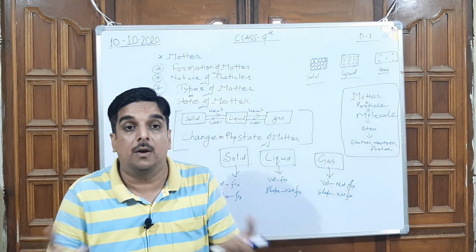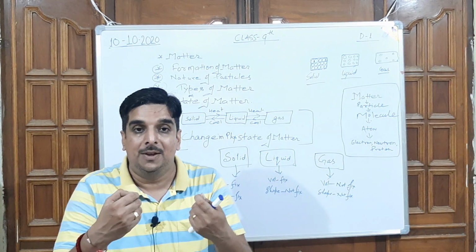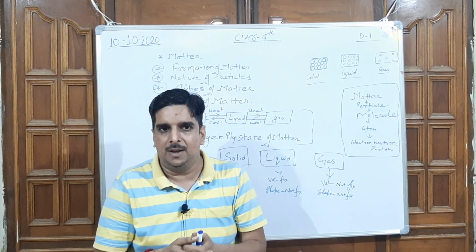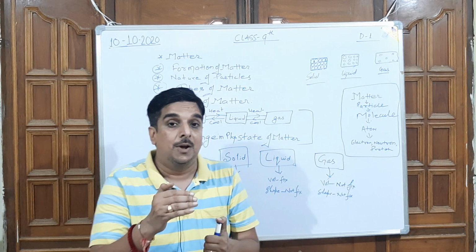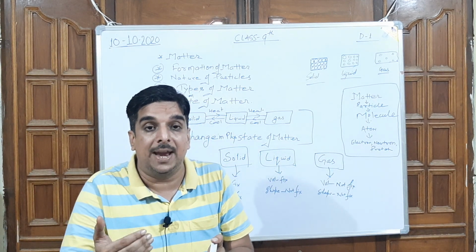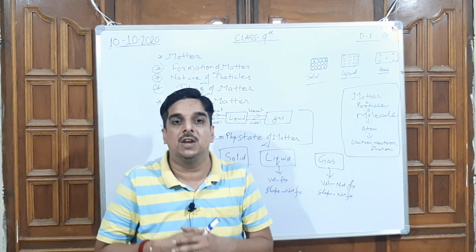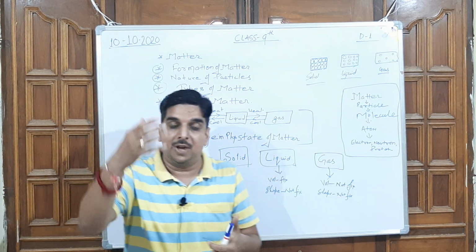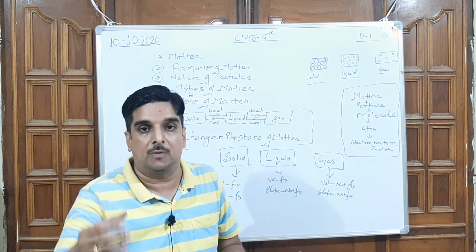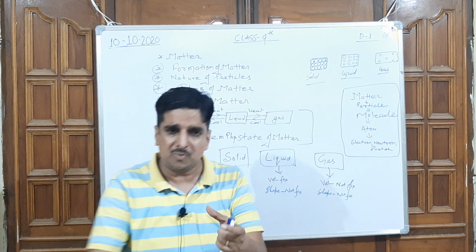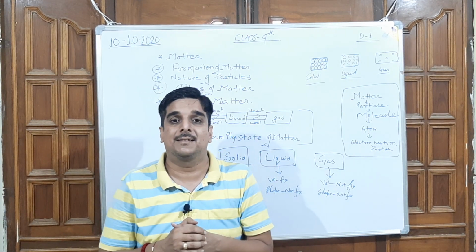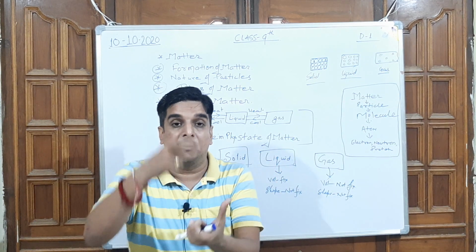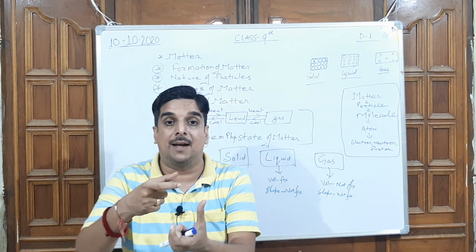How? I feel that someone is trying to ask me via chat how. Give an example. Definitely I am here to give you an example. If we take a glass of water, half liter of water, and put it into a glass, the volume is fixed, half liter, but the shape of the water is the shape of the glass.